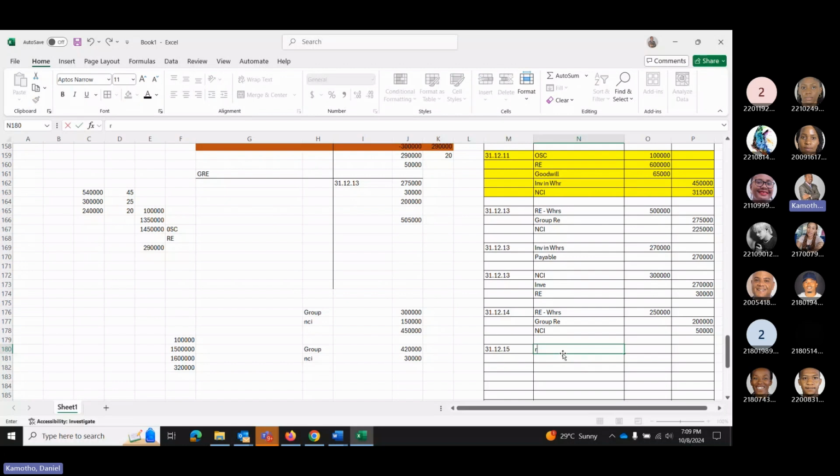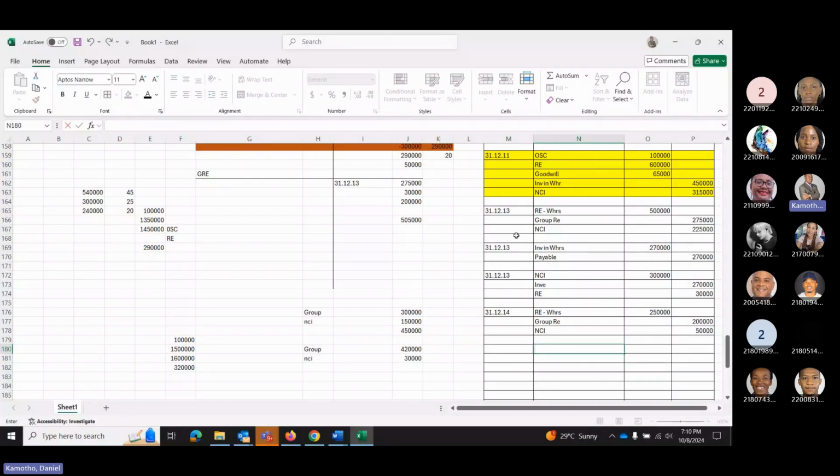We are eliminating the retained earning of the subsidiary. So it is 150. Here, although this is not to be shown, we don't show this. It goes to the statement of changes in equity, so we'll just show it there.